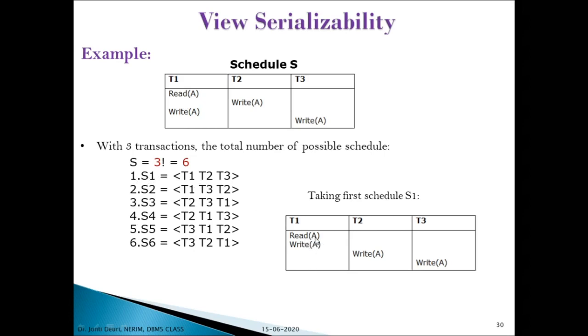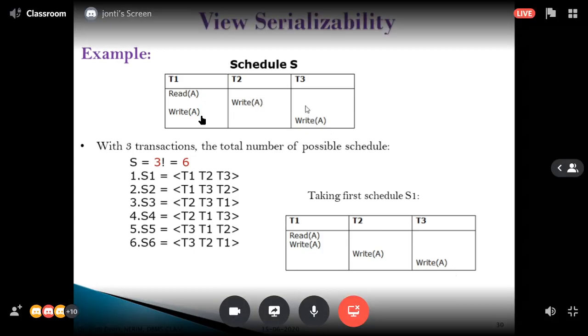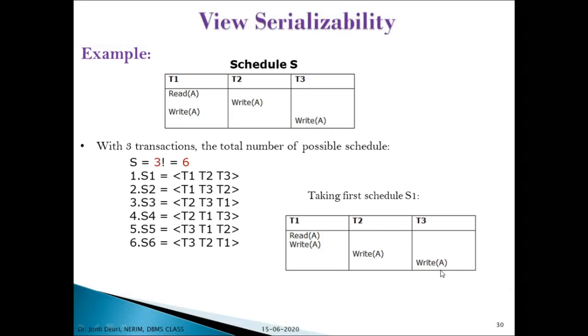So read A, then write A, then write A again, write A. Here we can see the final write operation, right? The final write is done by T3, here also done by T3, here also T3. And the read also is satisfied, like the starting read is done by T1.